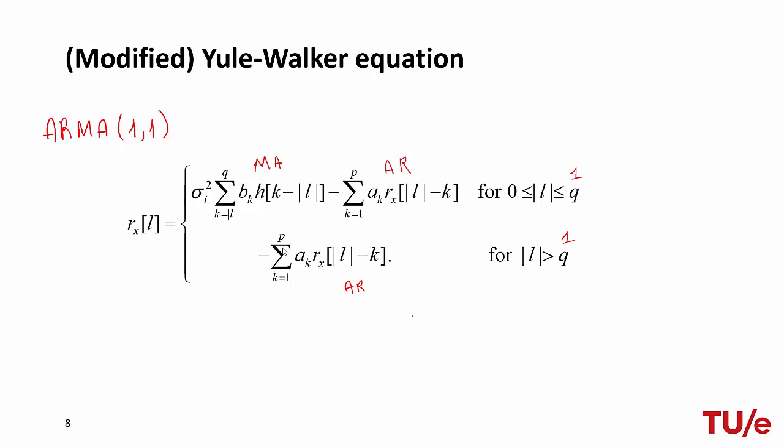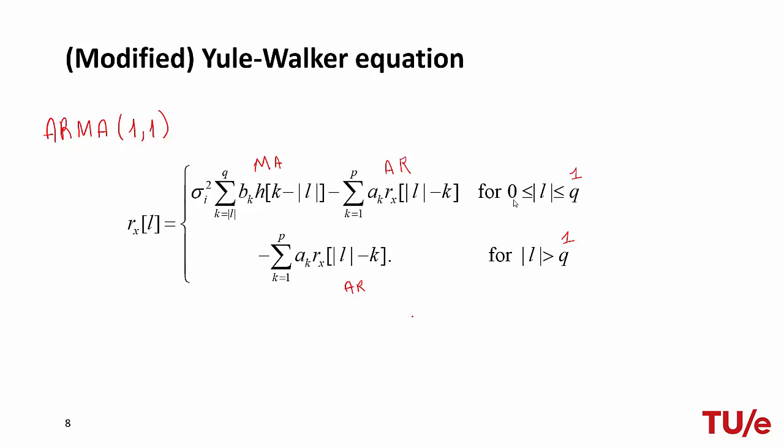What does this mean in practice? In practice, it means that for lags larger than the number of zeros, I only have the autoregressive component, and therefore I can find a recursive structure in the autocorrelation function.